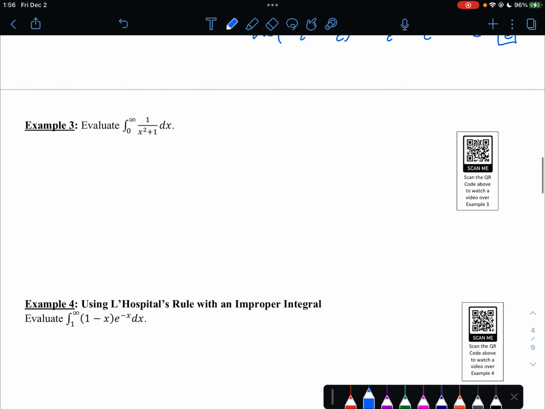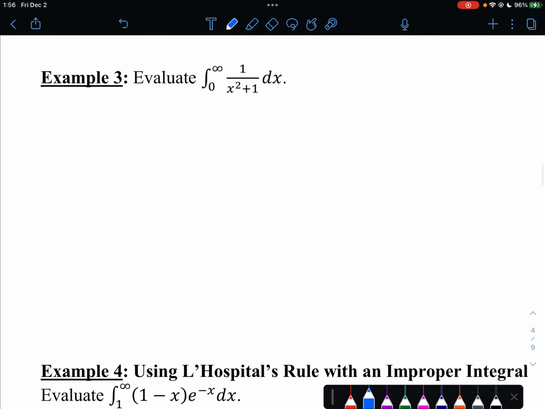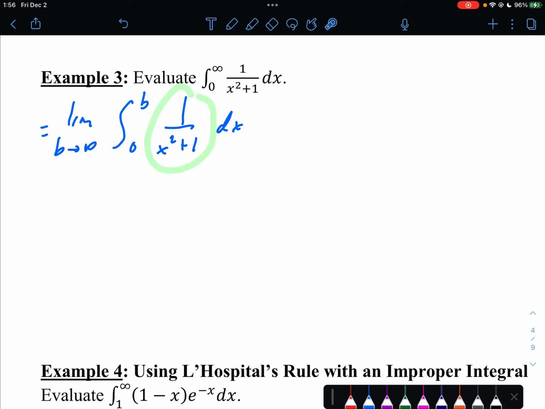Example 3. So again, our top bound is infinite. So we're going to set this up as the limit as b approaches infinity of the integral from 0 to b of 1 over x squared plus 1 dx. We should recognize that integral as the inverse tan.